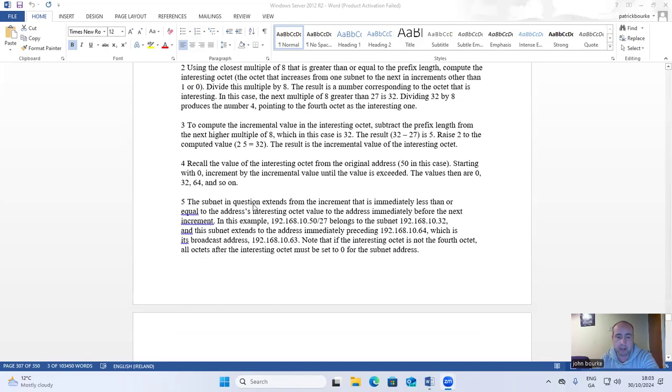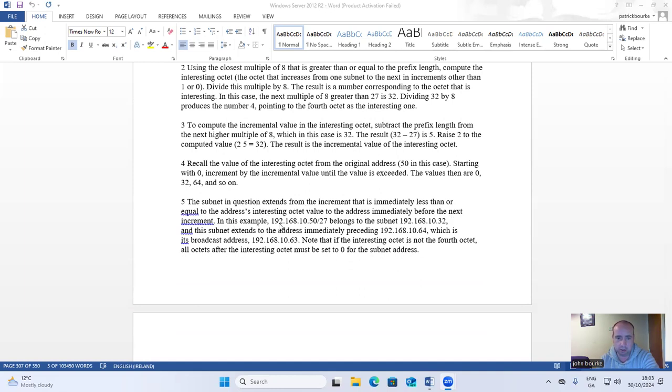5. The subnet in question extends from the increment that is immediately less than or equal to the address's interesting octet value to the address immediately before the next increment.